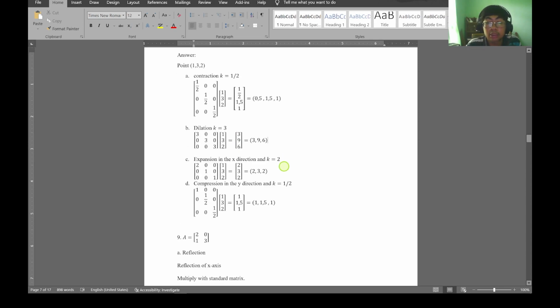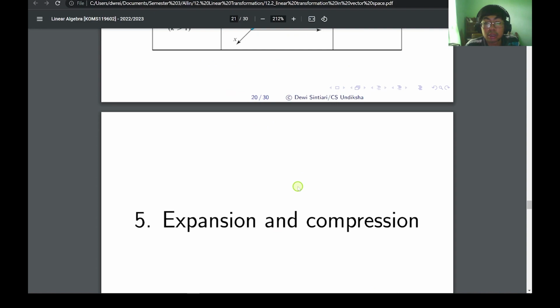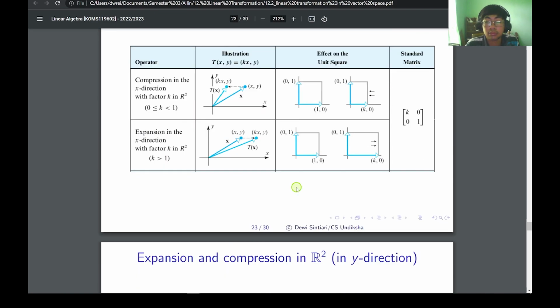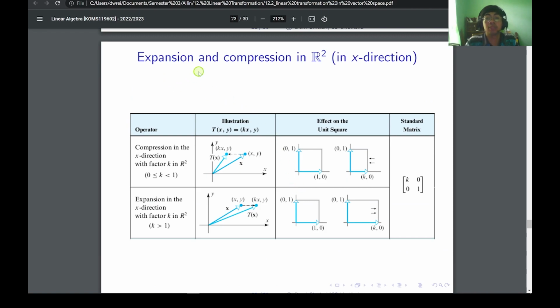And then for C, expansion in the x direction with k equal to 2. Expansion and compression in R2 and R3 are the same. In the standard matrix only the first entry is k, and the next diagonal entries are 1.